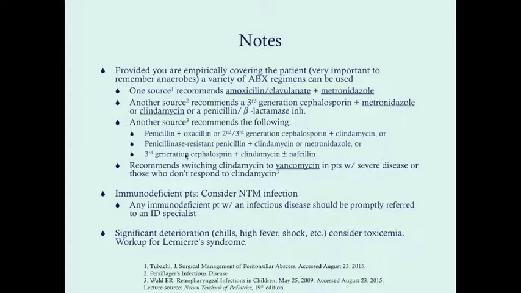Or you can use a third generation cephalosporin plus clindamycin and plus or minus nafcillin in addition. Don't memorize all these. Just remember to use something that covers staph and strep, so something like amoxicillin clavulanate or a third generation cephalosporin, plus something to cover anaerobes like metronidazole or clindamycin or vancomycin.